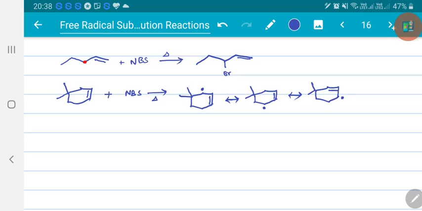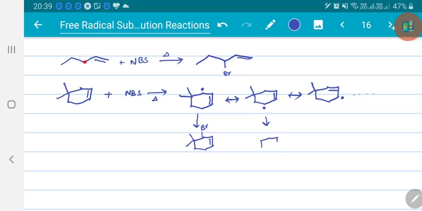So as such, you will get different types of radicals, radical here, there, and so you will get different types of products. When there are chemically distinct cases, you may get bromination in this way.